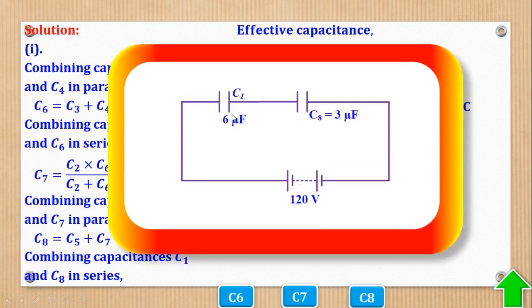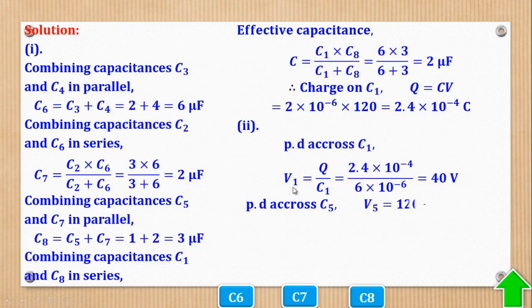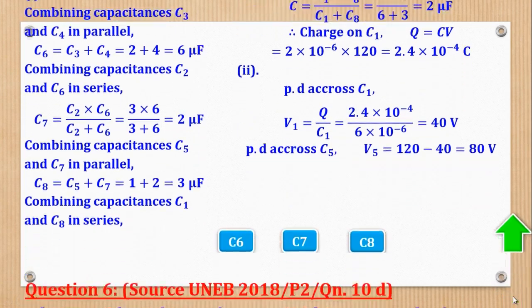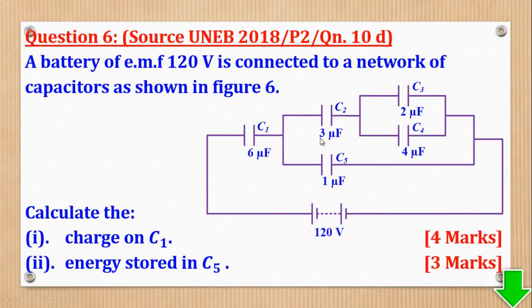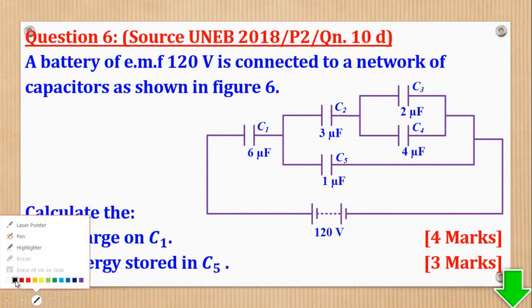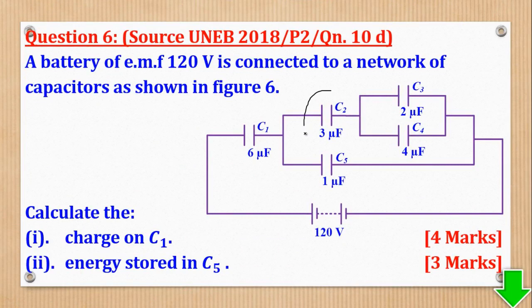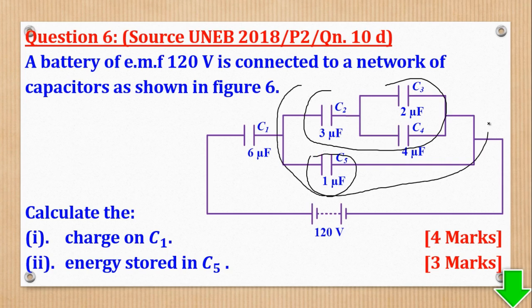So now that I know the PD across C1, I can easily get the PD across C8 by subtraction. So PD across C8, now here they've called this PD across C5. Why? Because if you look at this, the whole of this and this are in parallel, meaning the PD will be the same, and the whole of all these ones is what we call the C8.